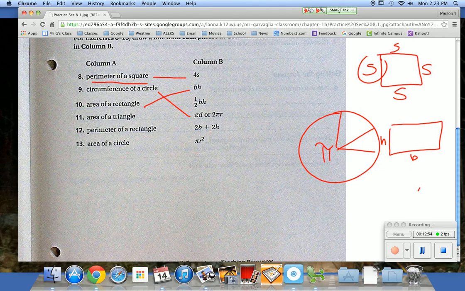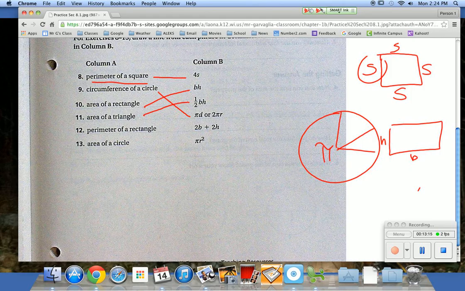Area of a triangle. Evan. Area of a triangle. 1/2 base times height. Before we do perimeter of a rectangle, area of a circle. Danny, area of a circle.